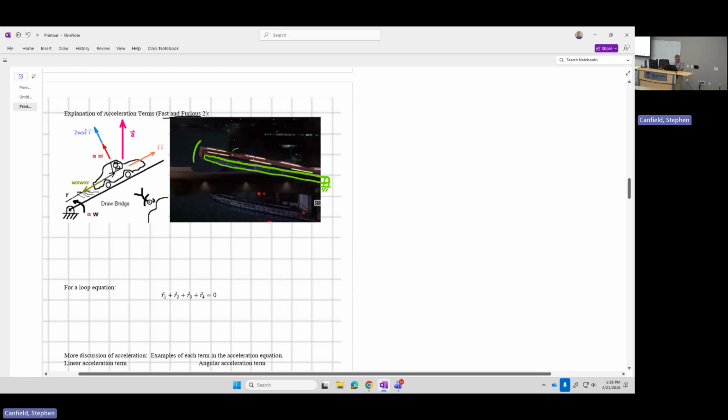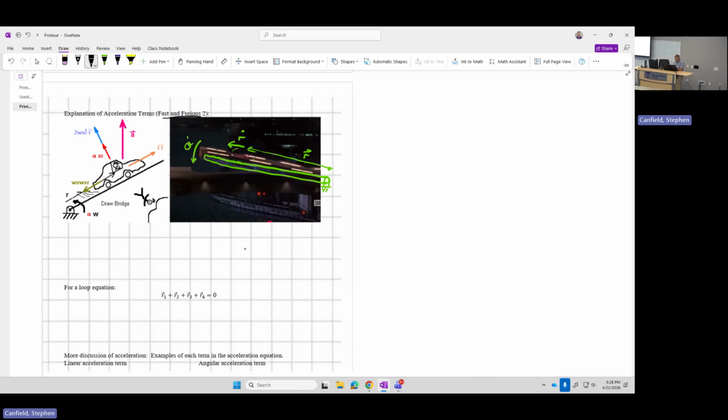The drawbridge is rotating. If it's going up, I guess I have a negative angular term, I'll just call it a theta dot or an omega. The car has some linear velocity, r dot, along there. There's some r going out from the center. I'm just going to assume it's a constant offset there. That's my r vector.